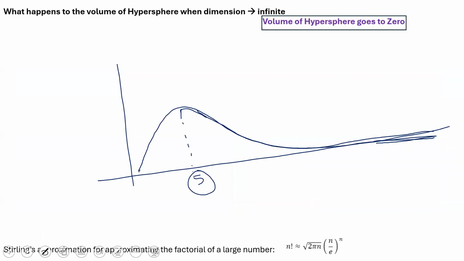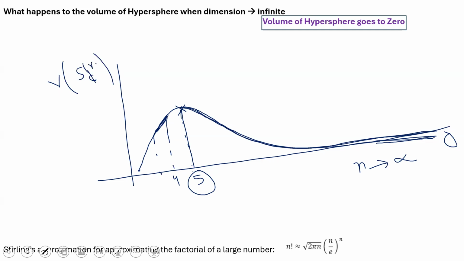The volume of the sphere will be at 4, this is the value; at 3, this is the value. We see an increase from 3 to 4. At 5 it would be maximum, and after 5 it slowly starts decreasing, and when n goes to infinity, this approaches 0.